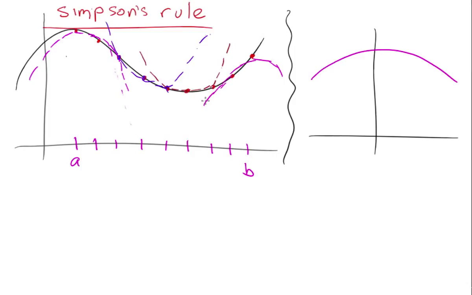Okay, so one of the really important things is that your interval, notice because every parabola goes through basically 2 steps, right? So then that means that you have to have an even number of steps. Does that make sense?